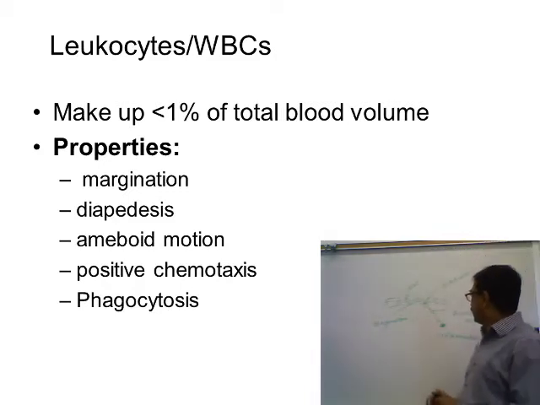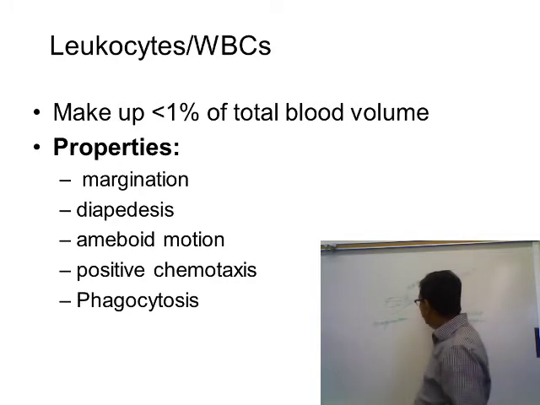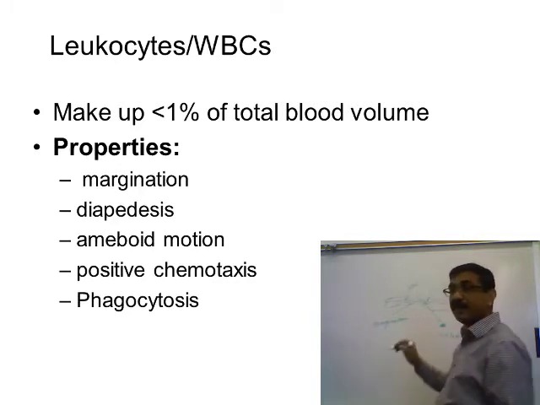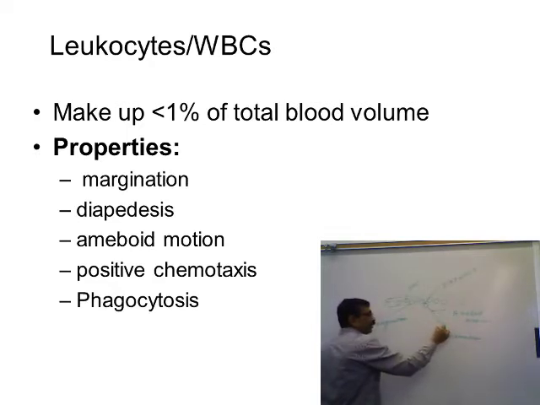And what attracts the white blood cells towards the site of inflammation? Why will the white blood cell get out and move towards the site of inflammation? Because of the chemicals released here at the site of inflammation.